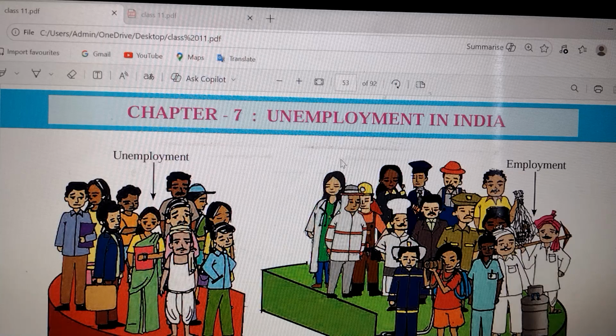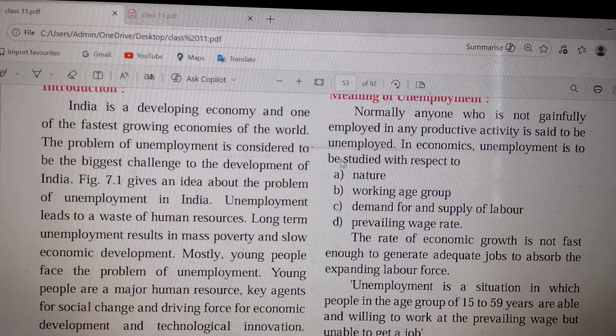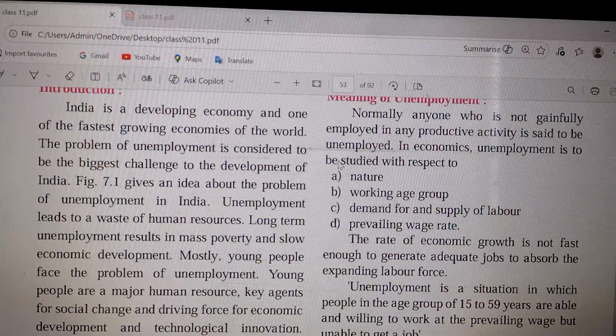So let's begin with the introduction first. India is a developing country, a developing economy and one of the fastest growing economies of the world. Even after development, many people do not get jobs. So unemployment leads to wastage of human resources and slows down economic development.